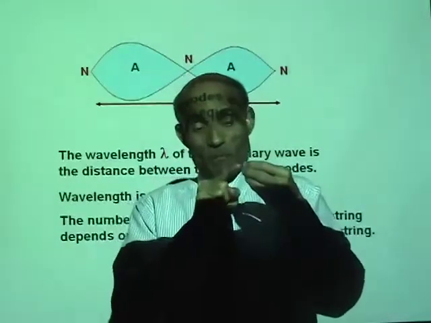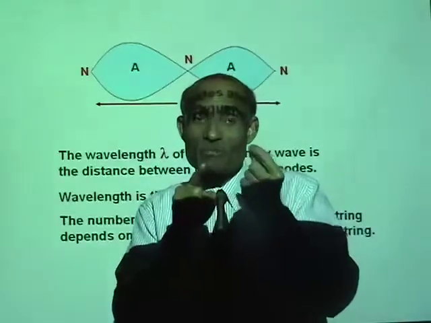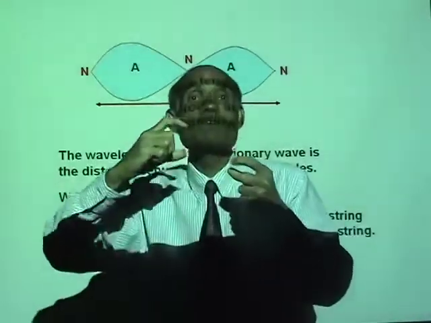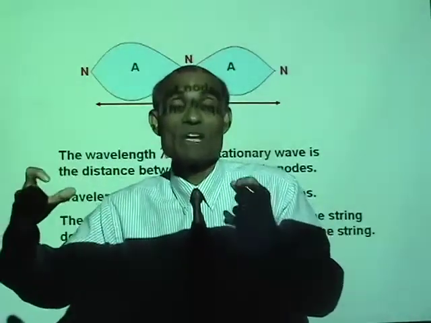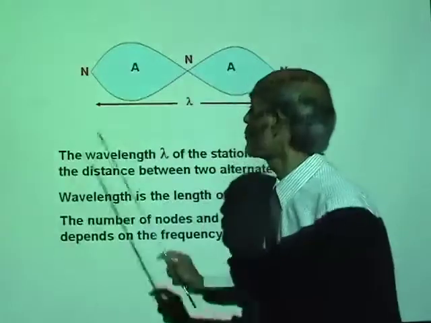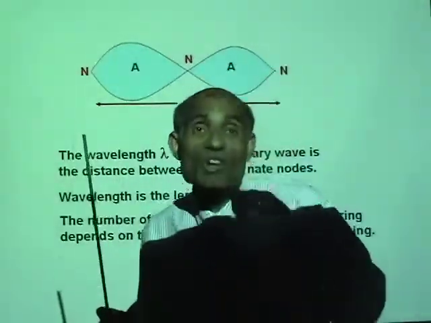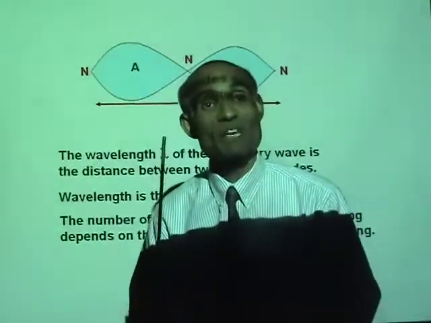Now, by the time the energy goes and comes back, if the vibrator does 3 vibrations, then the string will vibrate in 3 segments. That means the number of segments that are produced in a stationary wave depends on the frequency of vibration of the vibrator.